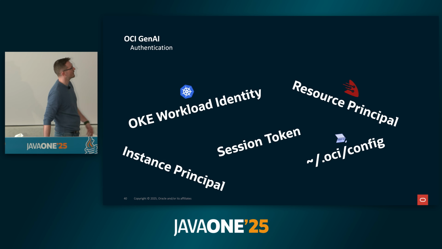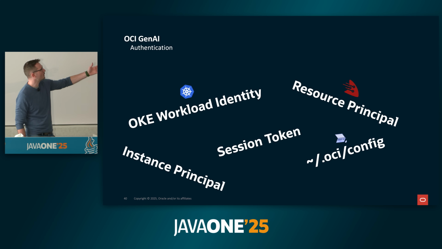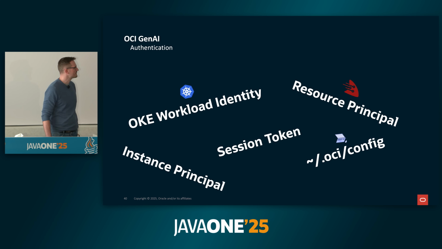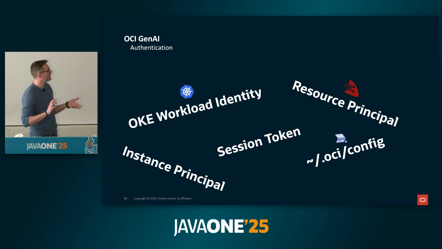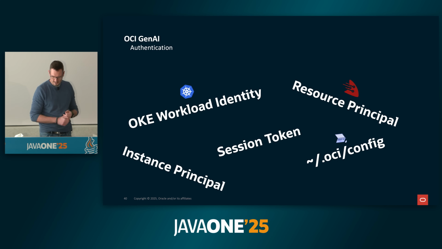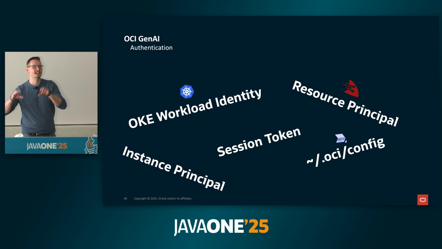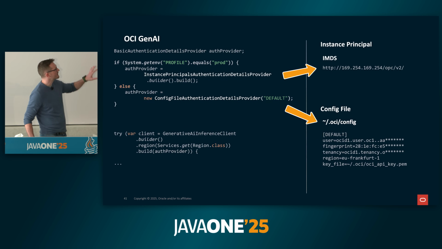One time in OCI we'll use the resource principal for functions, then you will need to deploy it in the pod somewhere in the Kubernetes or on some VM with the instance principal. And those are different kinds of authentication in the OCI SDK, if you want to use it for the GenAI. With Helidon, we make it simpler. This is not Helidon.